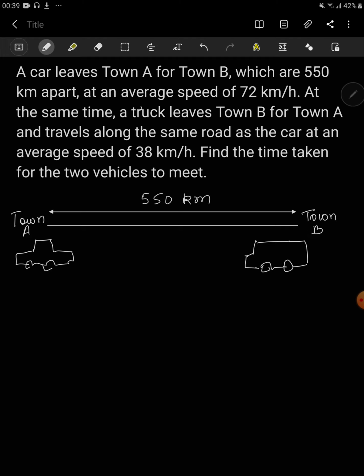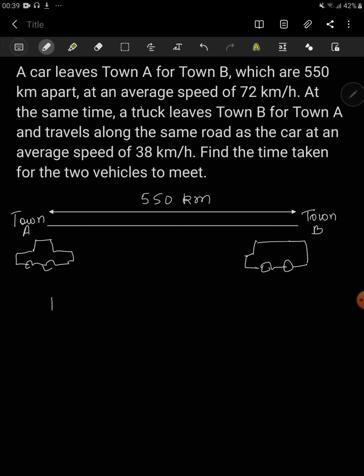Now when they start moving towards each other, they are starting at the same time. Suppose they meet after 1 hour. So the distance covered by the car and the truck will be different, but the time taken will be same.